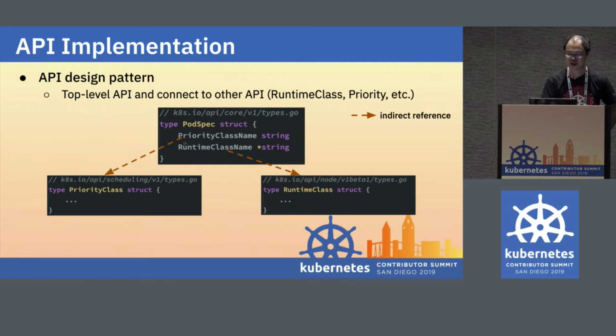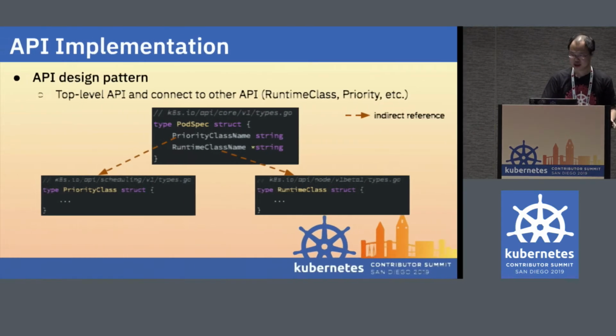And in the pod spec, we introduced a field of type string named priorityClass, so that from the pod, if you define a priority class, it is able to fetch the priority class object. I made it a dotted line, meaning it's an indirect reference, because it's using a string rather than being stored in place in the PodSpec API.